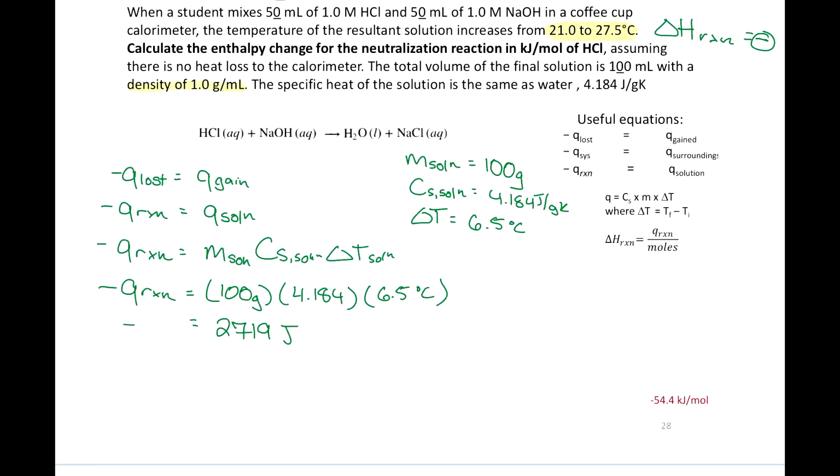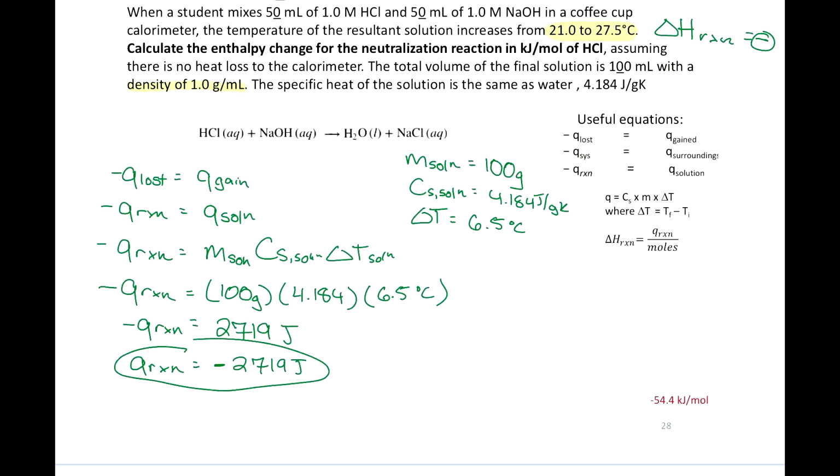So this number is equal to negative Q of the reaction. The solution gained the heat, so therefore the reaction lost this amount of heat. So Q of reaction is equal to negative 2,719 joules. And this is the step I forgot to do when I did the exam in 7 minutes, right? Okay, but is this our answer?